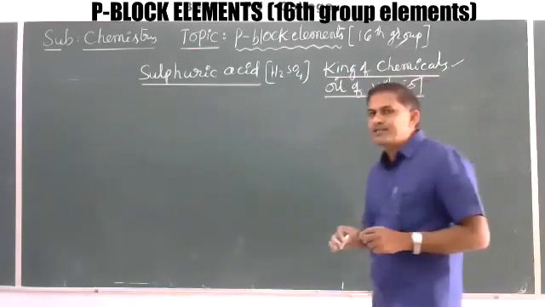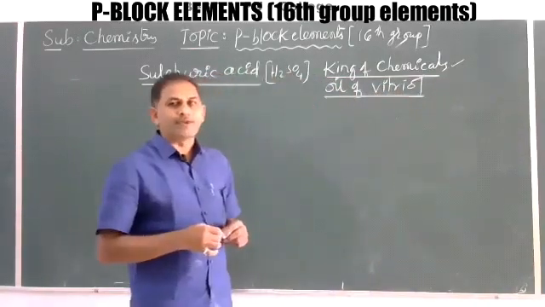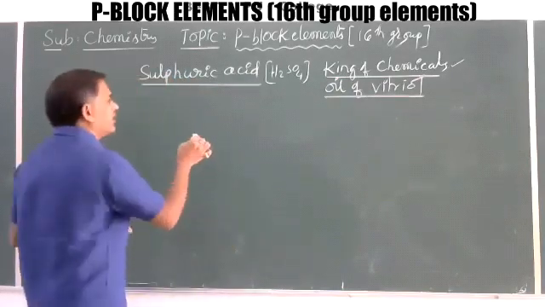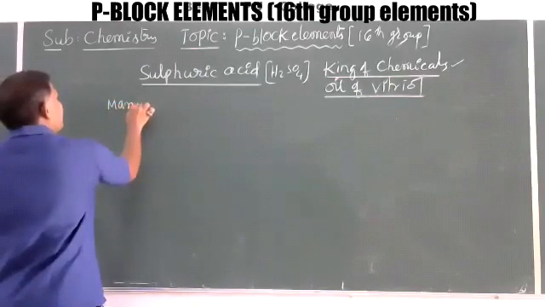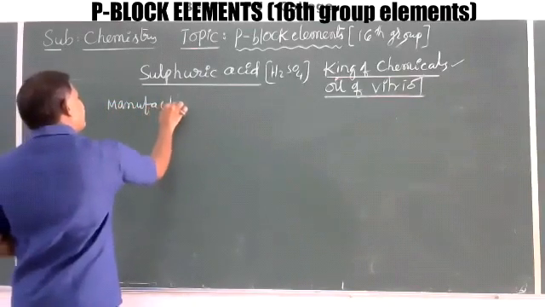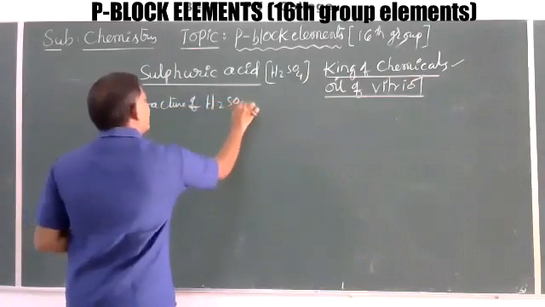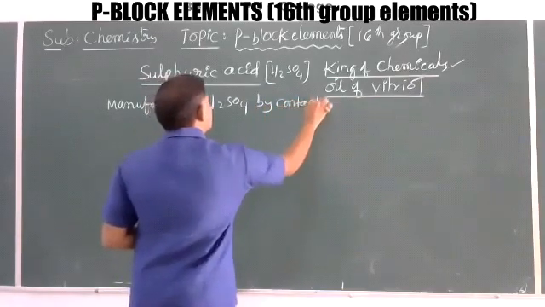Here in sulfuric acid, one of the most important questions is the manufacture of sulfuric acid by contact process. Very, very important. I'll explain, listen here. Manufacture of sulfuric acid H2SO4 by contact process.